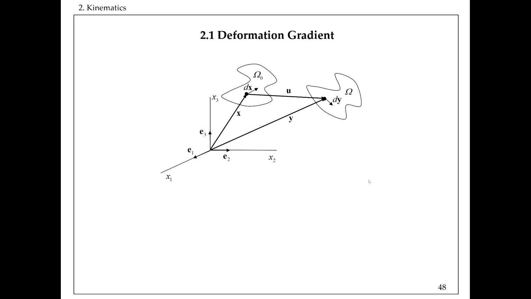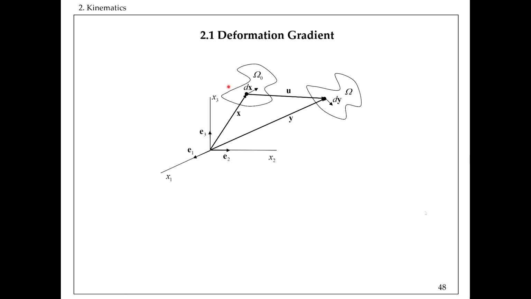Of course they don't look like potatoes here, but well, this is potato number 1, or number 0, and potato number 2, the one that the initial potato will be deformed into. We call the initial state the reference configuration or undeformed configuration.